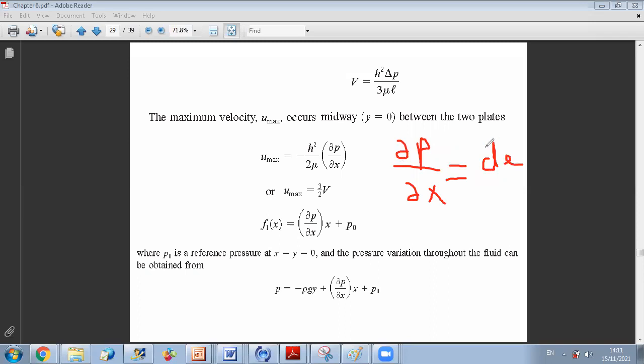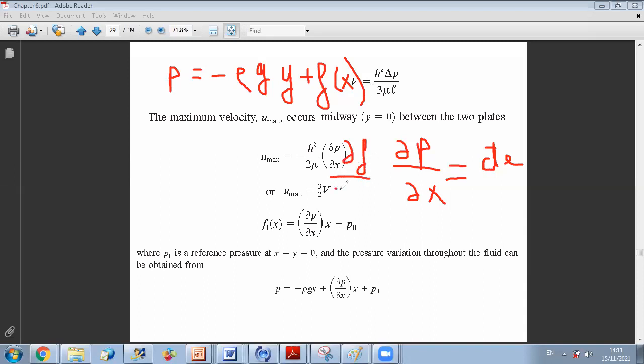And we have seen together that the pressure P can be written as minus rho g y plus a function of X. And when we derived this result, we said that del F by del X is just equal to del P by del X, which was demonstrated to be a constant. This allows us to get the expression of F.